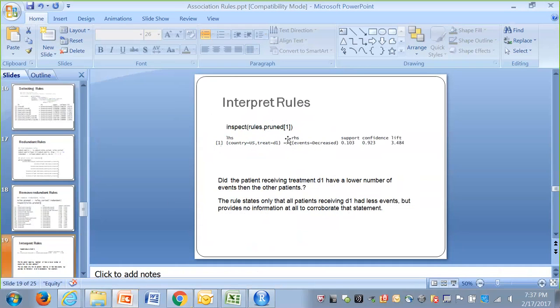As I was saying, the interpretation of rules is quite important. When you look at your data, here's a pretty straightforward question: did the patient receiving treatment D1 have a lower number of events than the other patients? Just looking at a rule doesn't make that so.